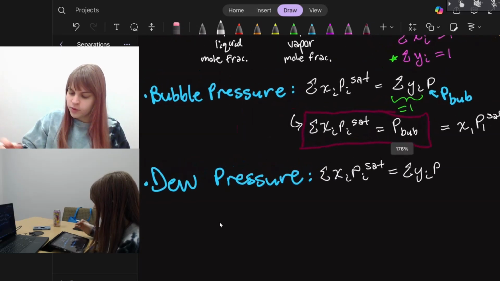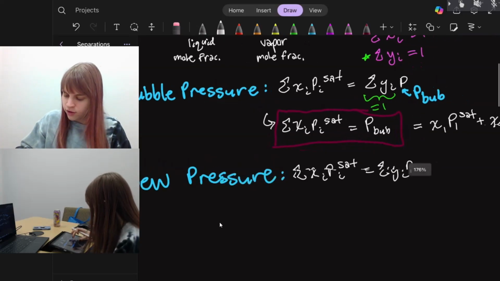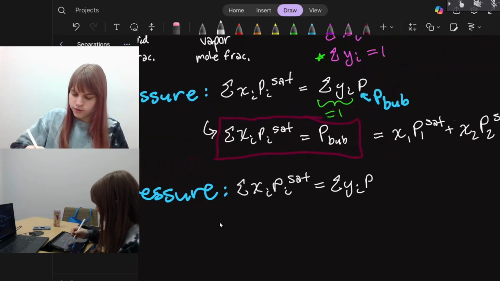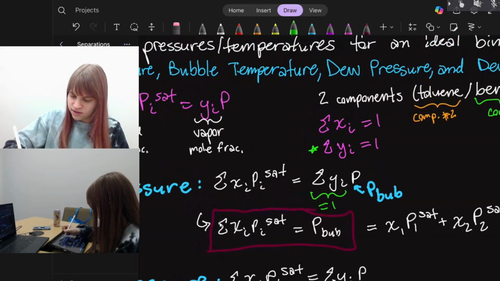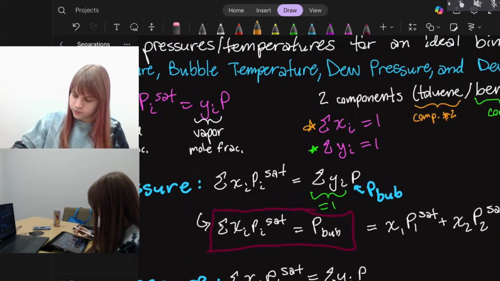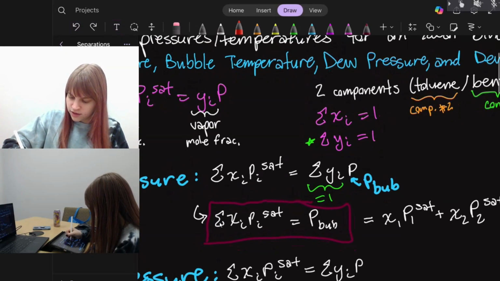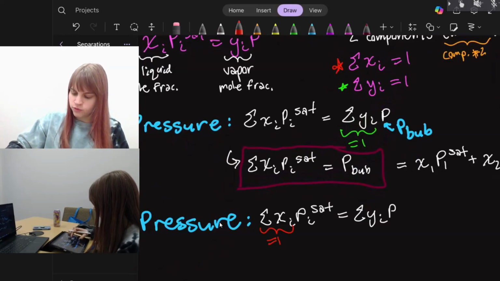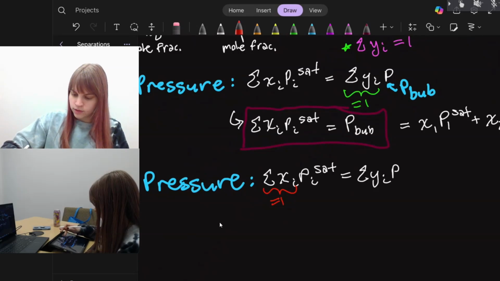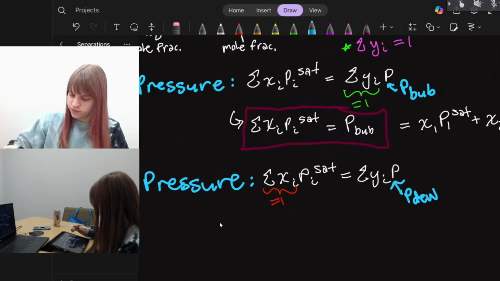For the bubble pressure, we were given the liquid composition, and for dew pressure, we have to be given the vapor composition. As I said here, this has to be equal to 1. And this is our dew pressure.